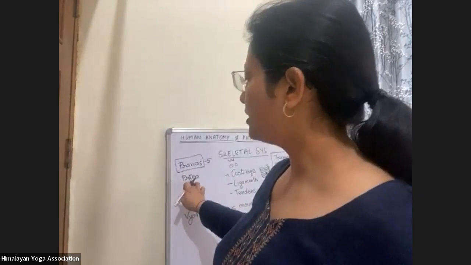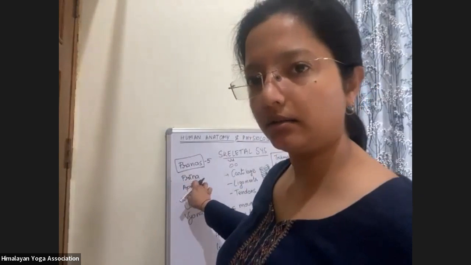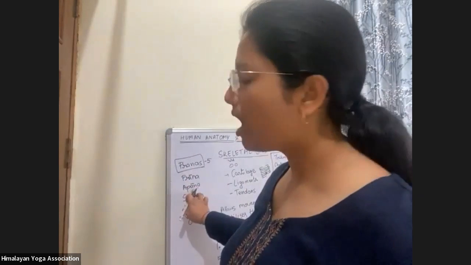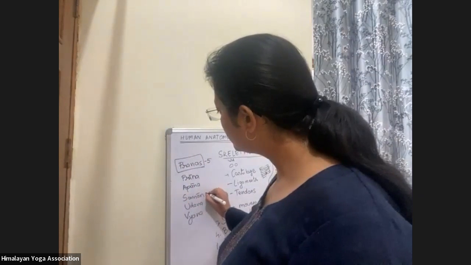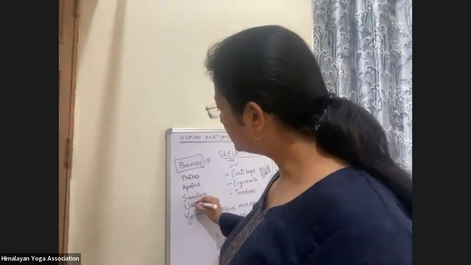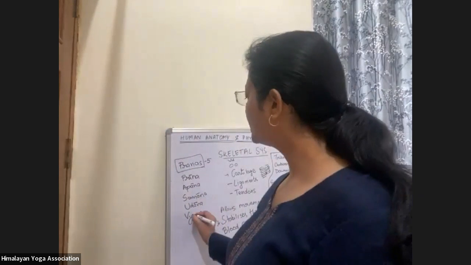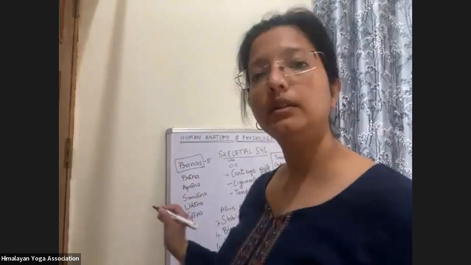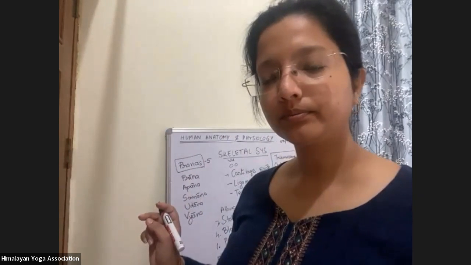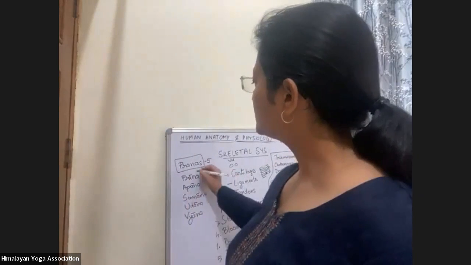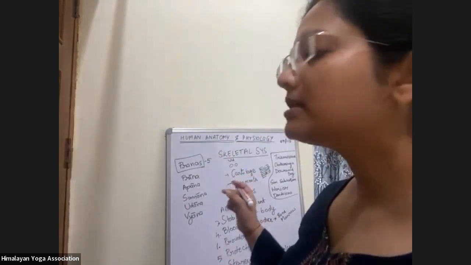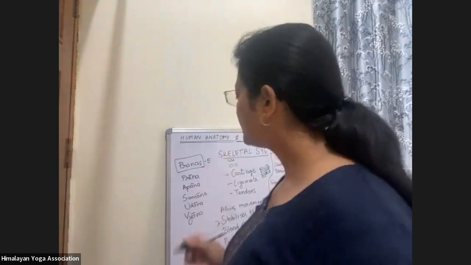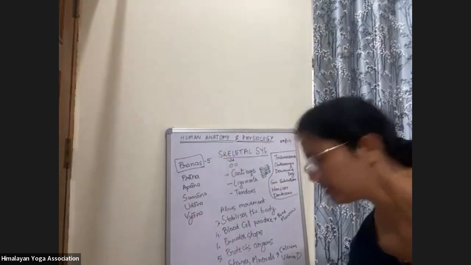Like prana, apana, samana, udana, vyana. Do you understand the difference? If I put the bar over A, that means its sound is extended.